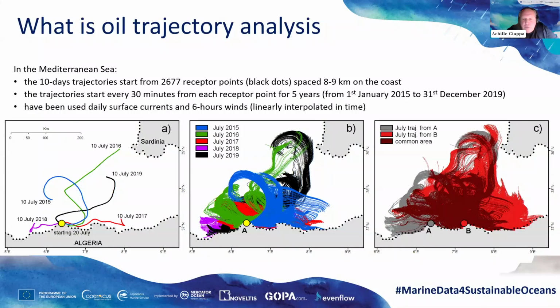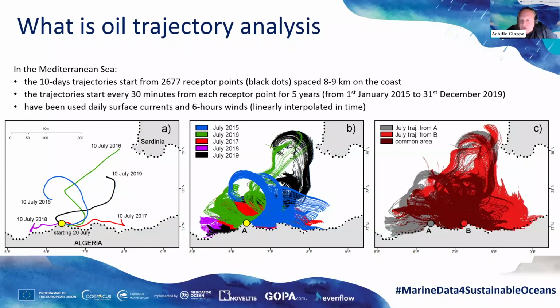And in figure B, you see all the trajectories tracked for the 5 Julys from 2015 to 2019. The trajectories have been released every 30 minutes, in this case from point A.